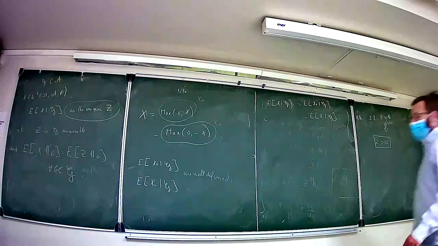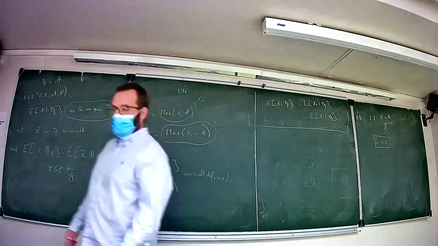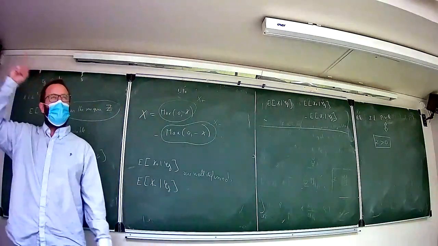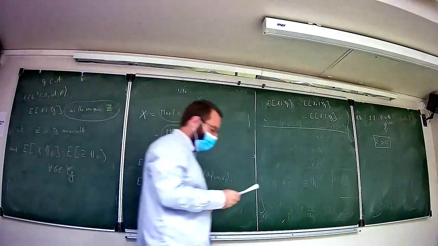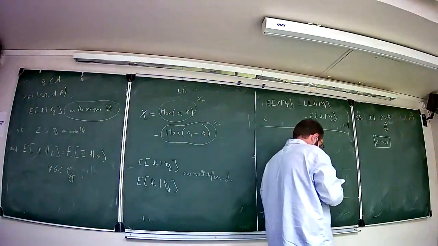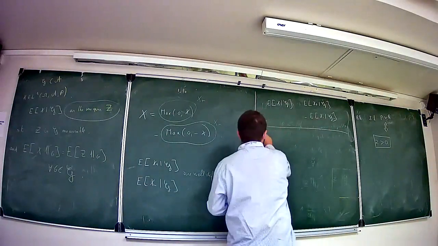So now I suppose that my x is positive. And the idea will be, positive will mean that I will be able to define something that is like a positive measure. So I consider the following.